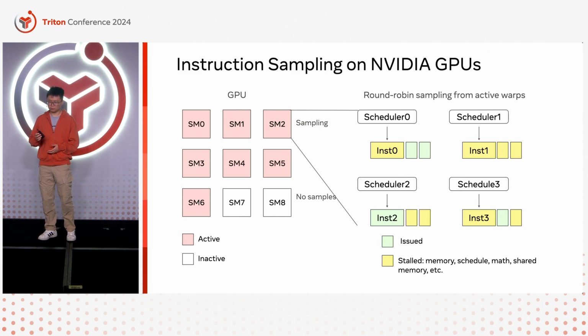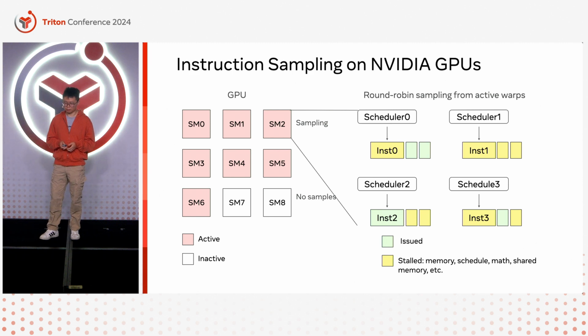And when it samples, it takes a sample from each warp scheduler in round-robin fashion. Suppose the first sample is taken on scheduler 0. Then after n cycles, the next sample is taken on scheduler 1, followed by scheduler 2 and scheduler 3. Then it's going to take scheduler 0 again. That's why it takes samples in round-robin fashion.